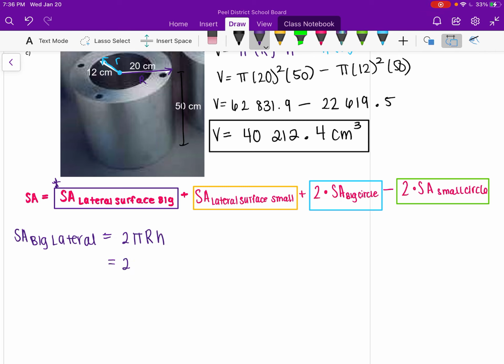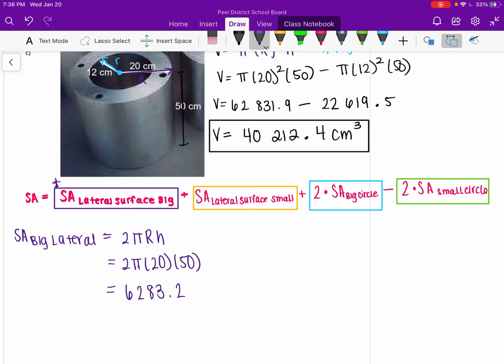So 2 pi, the radius of my big circle is 20 times h, sorry, h is 50, so I'm just going to plug that in. So 2 times 20 times 50 is going to be 6,283.2.